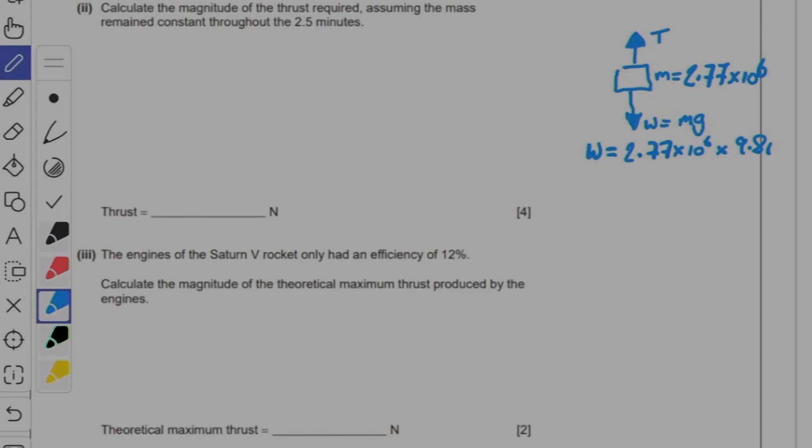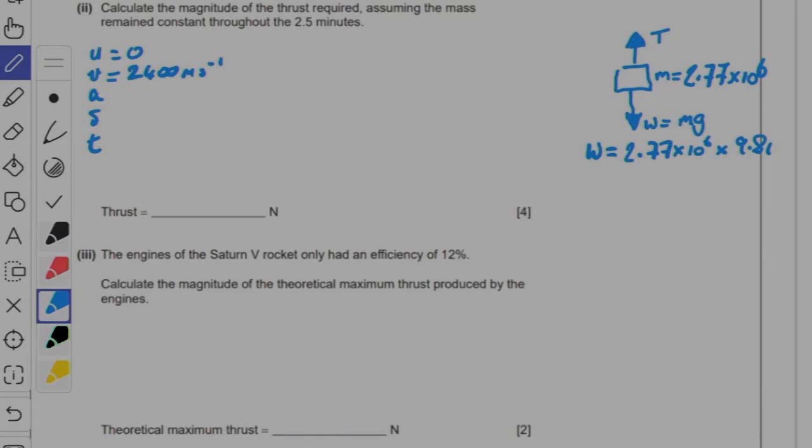So T minus W equals ma, just basic resultant force equals ma, Newton's second law. But we need to get a from a SUVAT calculation based on what they told us about the motion. So we need to write out a SUVAT list and solve it for a. We know it starts at u equal to 0. We know it reaches 2400 meters per second.